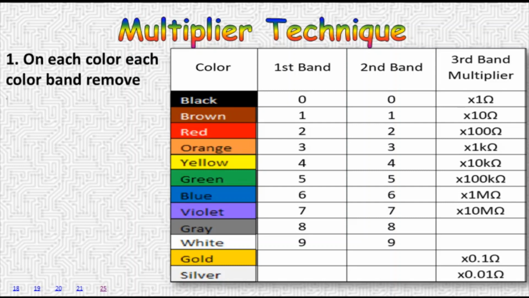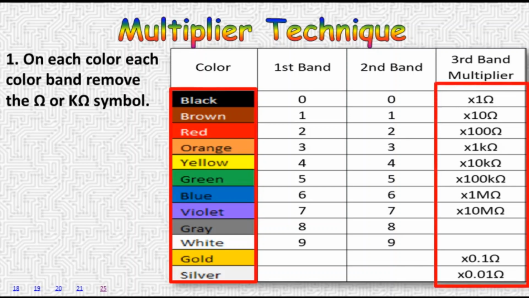Okay, on each color band, remove the ohm or kilo ohm symbol. Yan, itong mga color band, alisin daw natin yung ohms or kilo ohms or mega ohms symbol sa kanyang kanan. Gaya ng, okay, sa first band na black, naging 1 lang siya. Sa brown, naging 10.